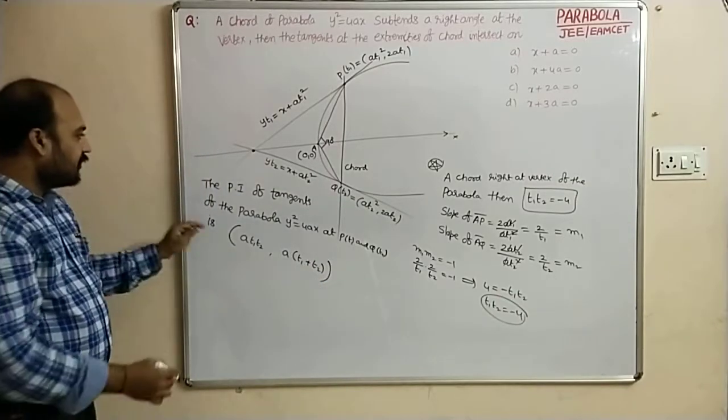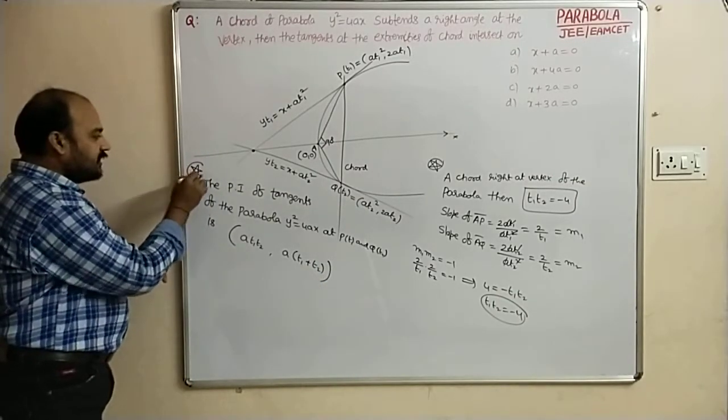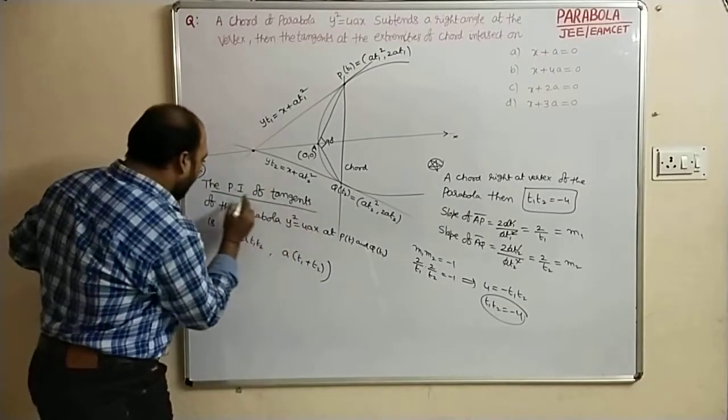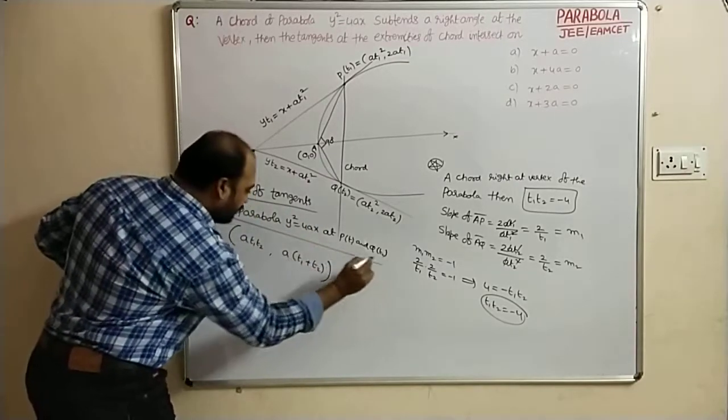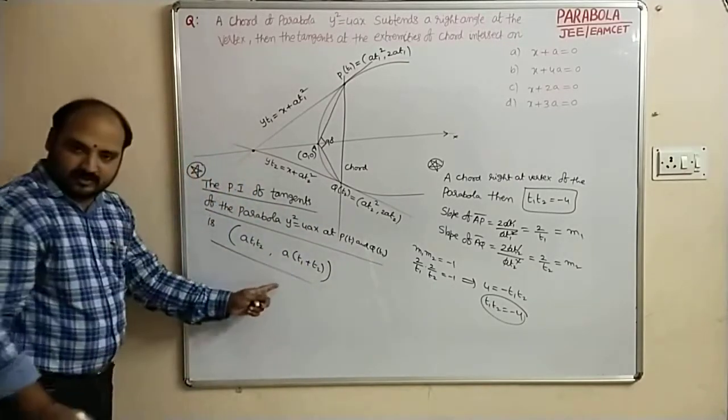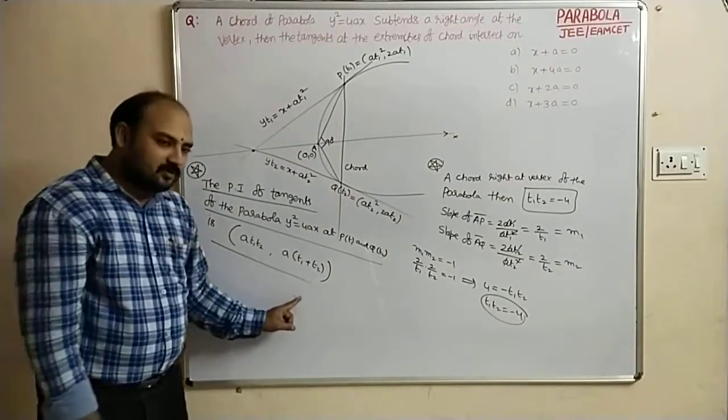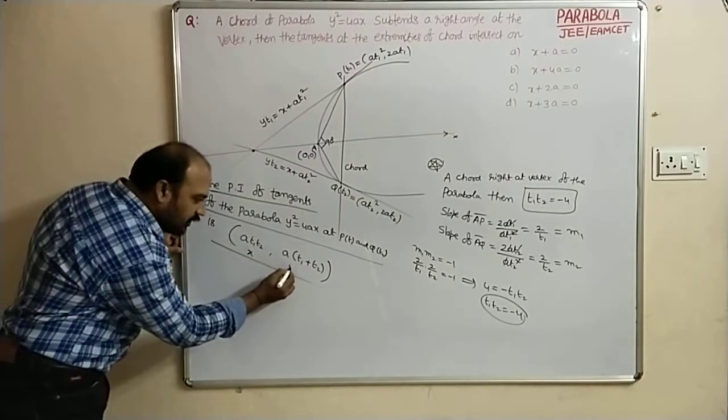This is the point of intersection of tangents to the parabola at P of t1 and Q of t2 respectively. You remember that this is the x coordinate, this is the y coordinate.